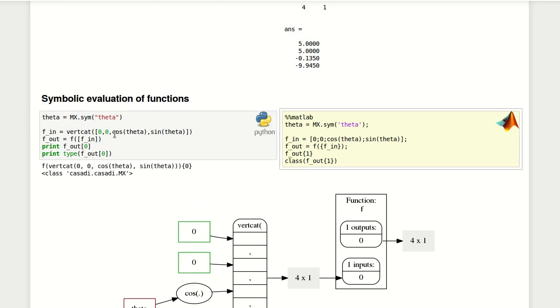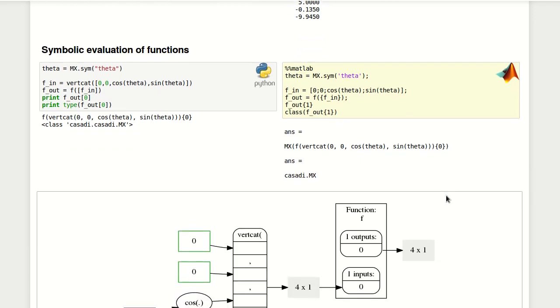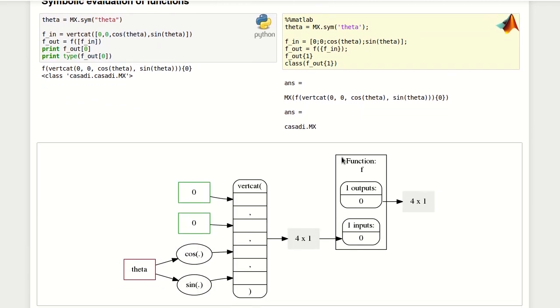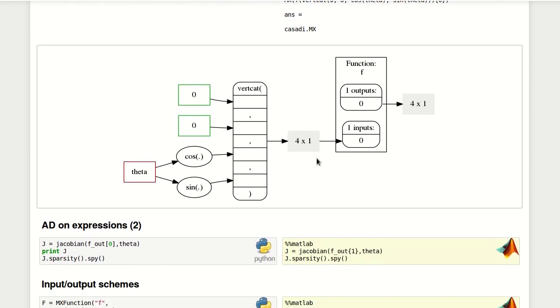So when we do this, we see in the printout that our function that was defined before, f, is here. So we basically have an expression where f is embedded into the computational graph. And the key is that CasADi does algorithmic differentiation through these functions that are embedded in the computational graph.